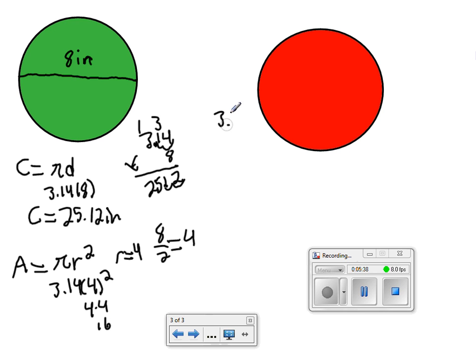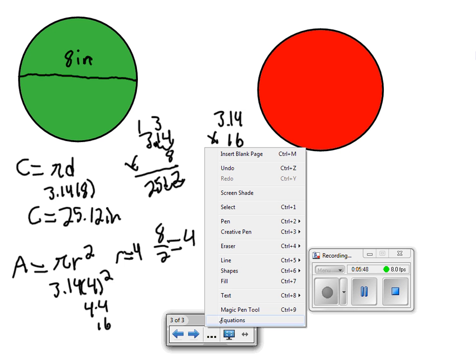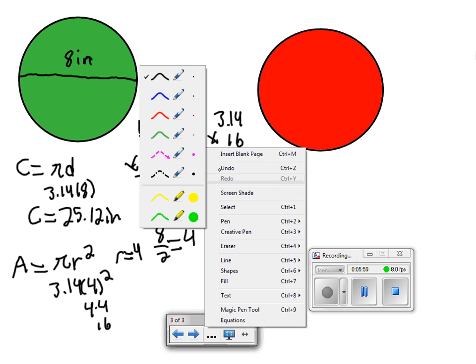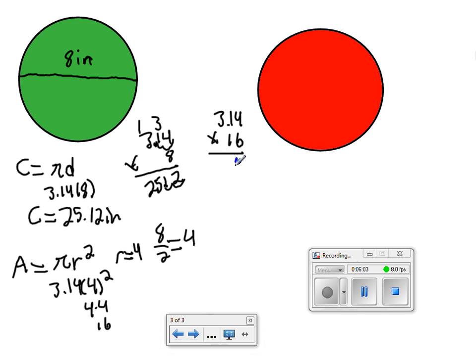So we have 3.14 times 16. Multiplying and adding them up, that's 50.24.